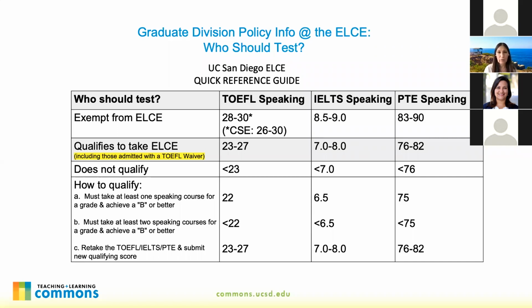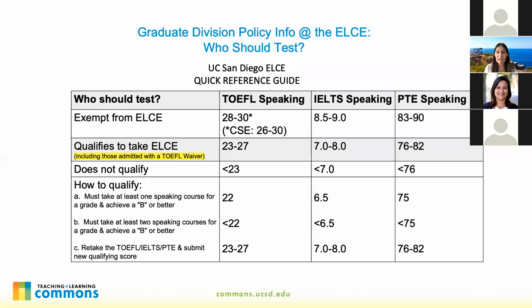If you will not take the ELCE until your 3rd year or 4th year, meaning past the 2 years of the TOEFL being an active score, don't worry. Whatever score you submitted, we will accept that score even if you don't take the ELCE until year 4.